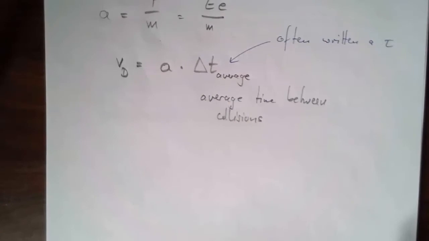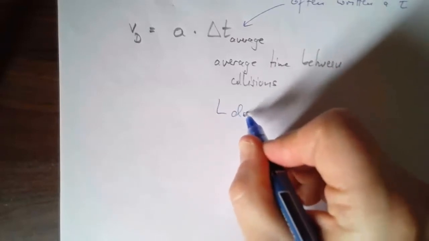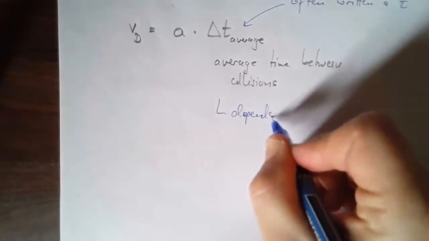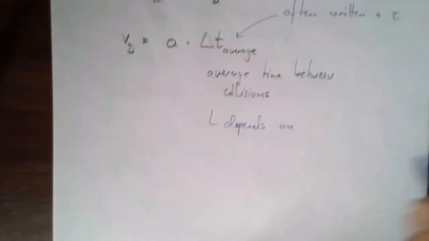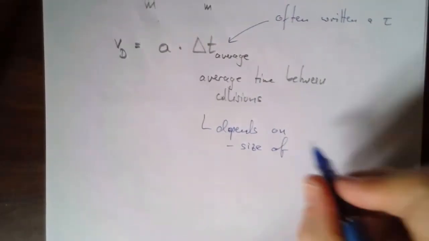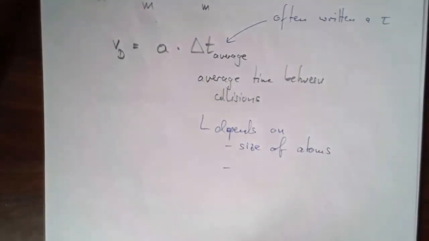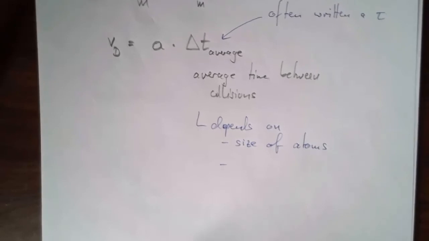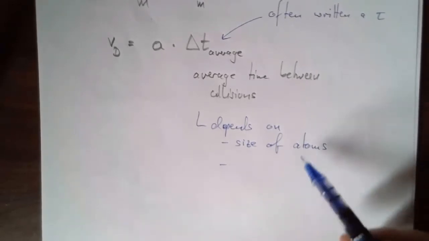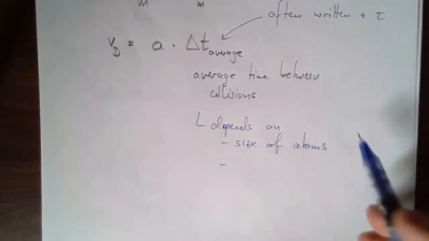So what does this depend on? Well, it depends on things like the size of the atoms, the size of the atomic nuclei. The bigger they are, the easier they are to hit. Now, whether you do that classically, imagining little balls, or in a quantum mechanical treatment, doesn't matter. You still have a certain effective area that gets hit or doesn't get hit.